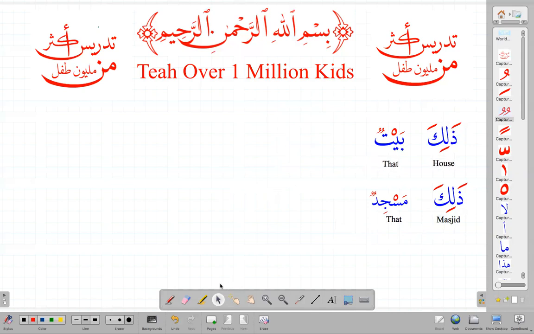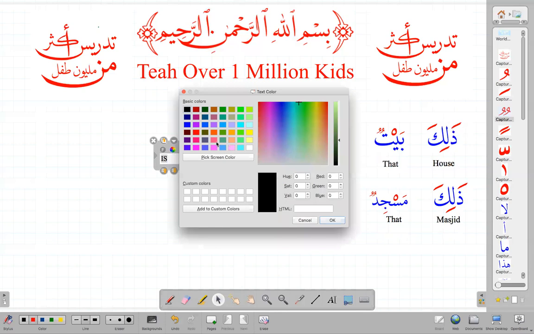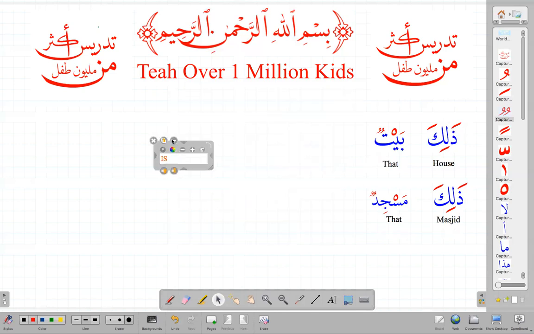It's missing the copula, yeah? The copula verb that we say it should be in Arabic, not existing. In Arabic, we don't have the copula verb, so we do the same here. We have to add it in English. That is a masjid, and that is a house.